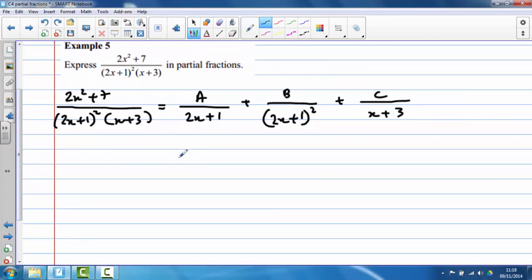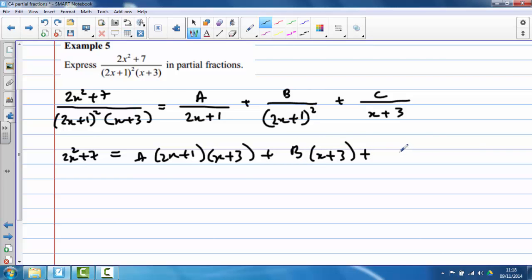Right, so over here we have to multiply through. Then we've got 2x squared plus 7 equals a times 2x plus 1 times x plus 3, plus b times x plus 3, plus c times 2x plus 1 all squared.